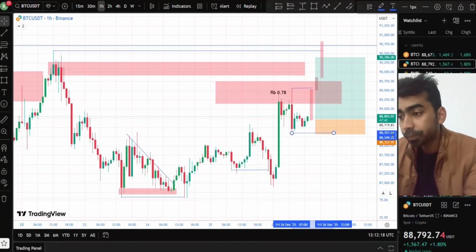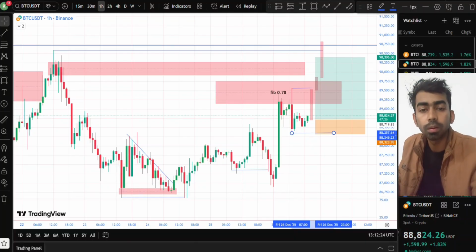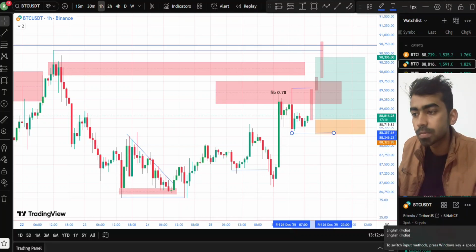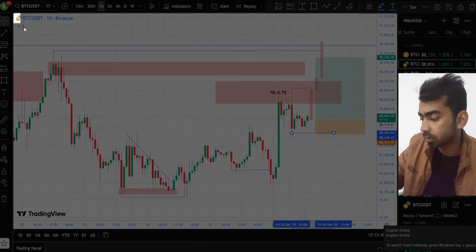Wait for the upside move. Okay. I can also place another trade. Let me open another trade. Now I'm going to take one screenshot.